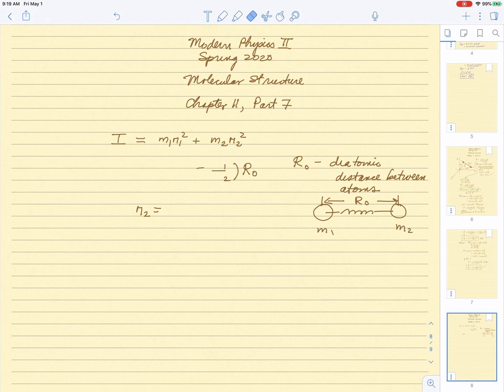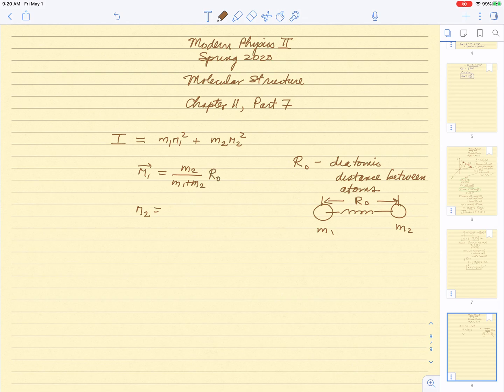So there we go. So now what we have is R1 is going to be equal to M2 over M1 plus M2 times R0.